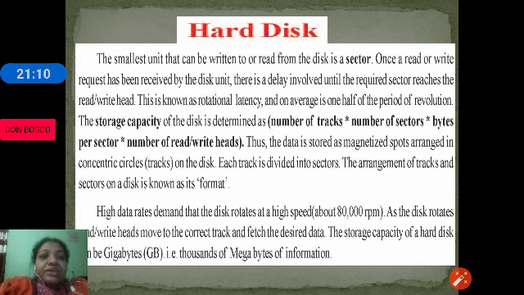But in a hard disk, the rotation is about 80,000 rotations per minute. As the disk rotates, the read-write head moves to the correct track and fetches the desired information. The storage capacity of a hard disk comes in several GBs. So this is about the hard disk or the storage device.